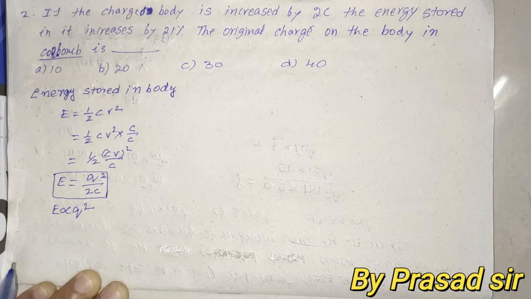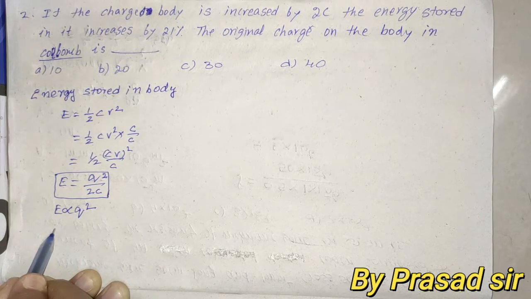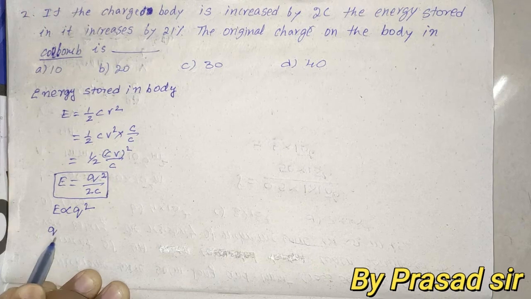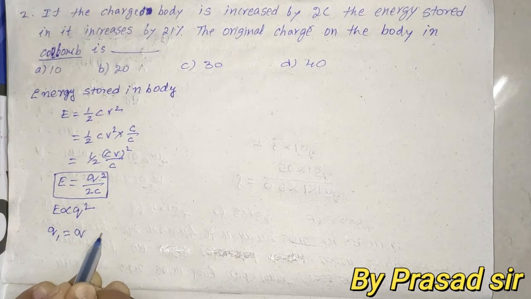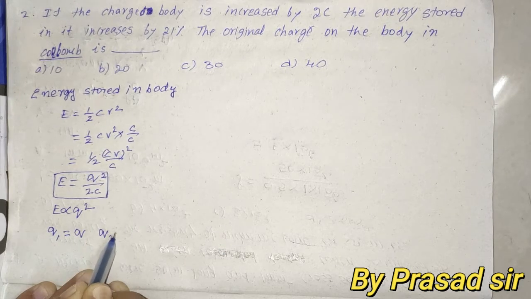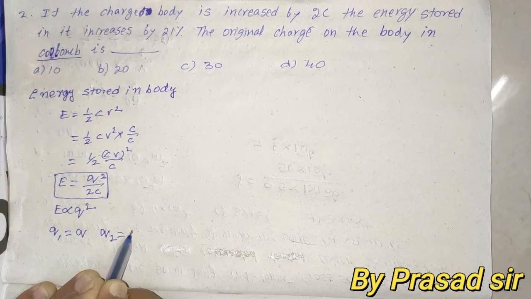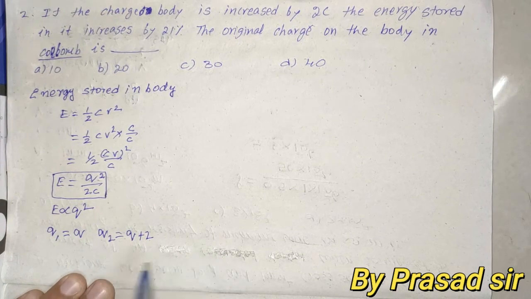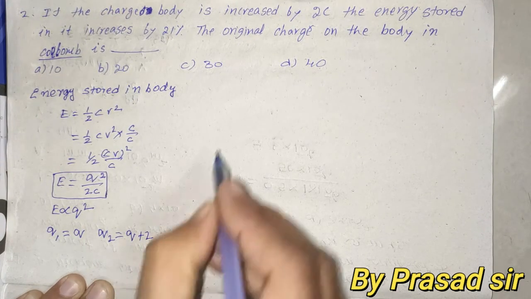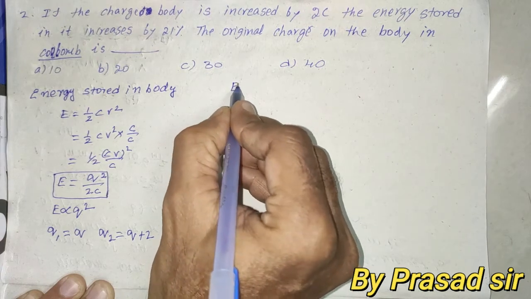So energy is directly proportional to Q square. First of all, given values: Q1 is equal to Q and Q2 is equal to the charge increased by 2, that is Q plus 2. But what happens to the energy?